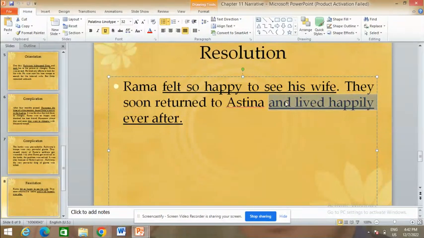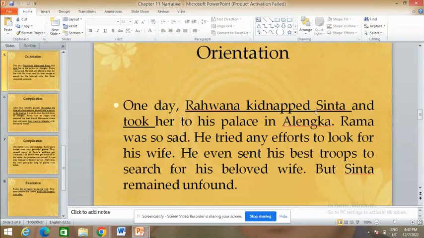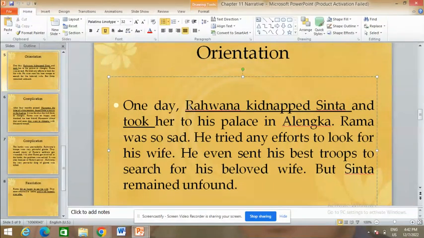The underlined words are called past tense as we talk about the story. As we talk about the story, we should use past tense. This one, kidnapped, is past tense, and then took is also past tense.